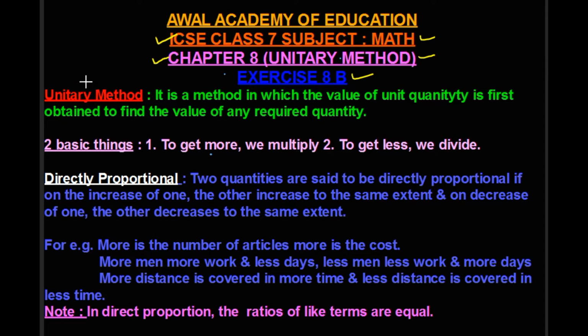Unitary method is quite easy if you have basic knowledge of the terms used in it. First of all, we will learn what is unitary method. It is the method in which the value of unit quantity is first obtained, and then to find out the value of any required quantity.